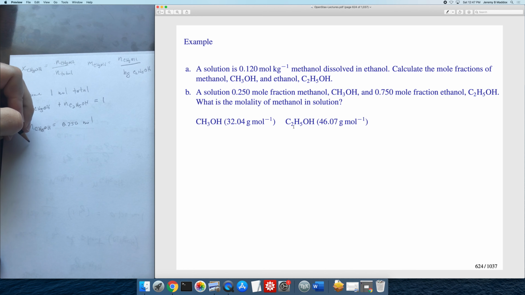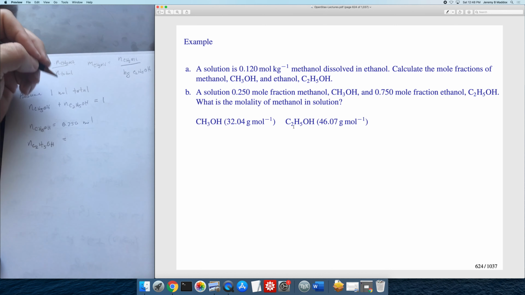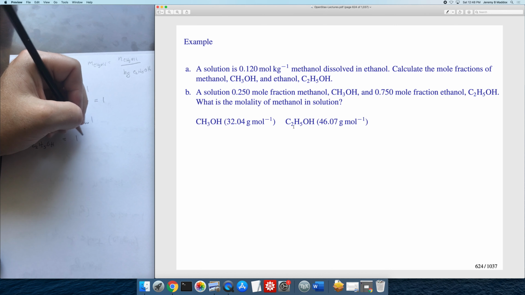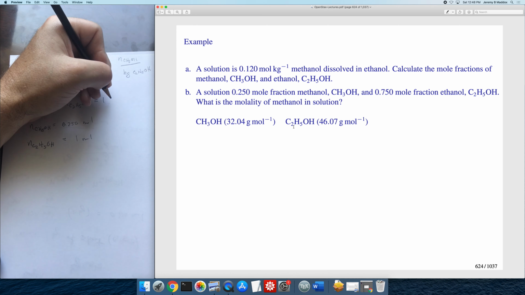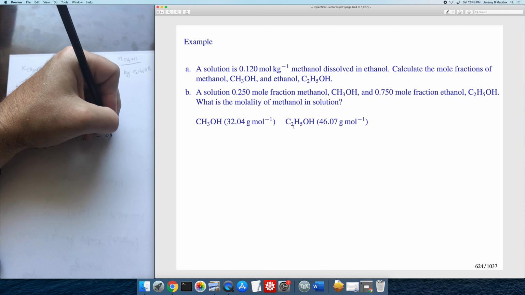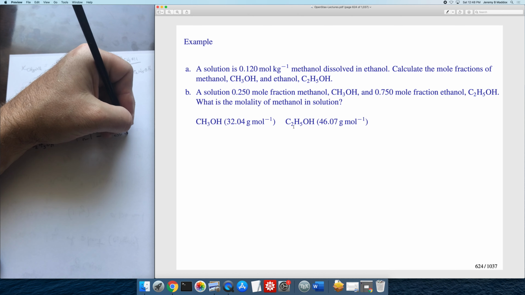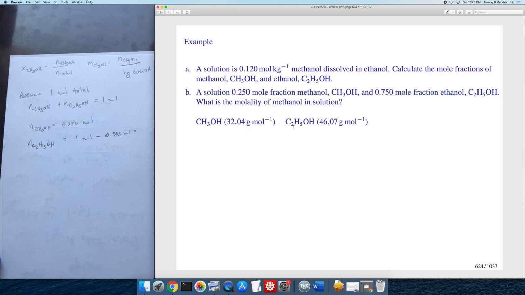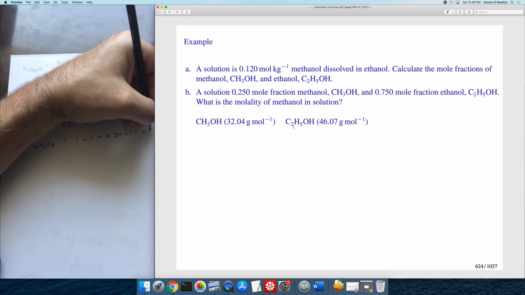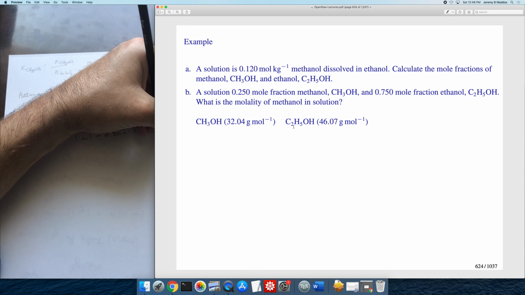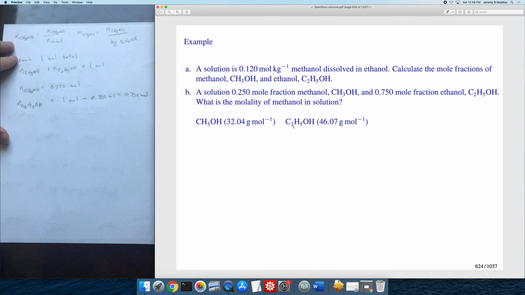Moreover, we can figure out that the number of moles of the ethanol is simply going to be 1 mole total minus the number of moles of methanol, which is 0.250. So this would be 0.750 moles. Okay, so now we know the number of moles of each component.